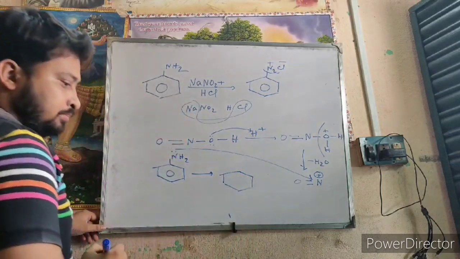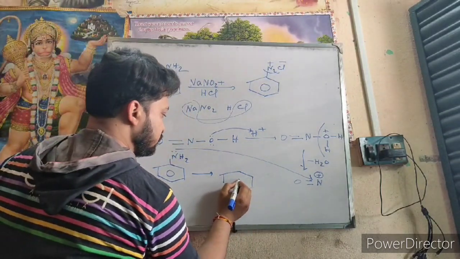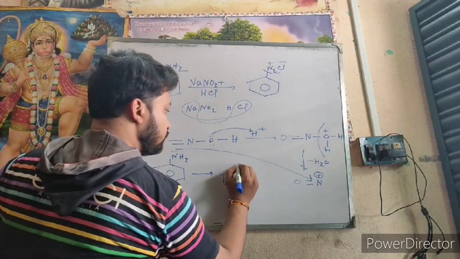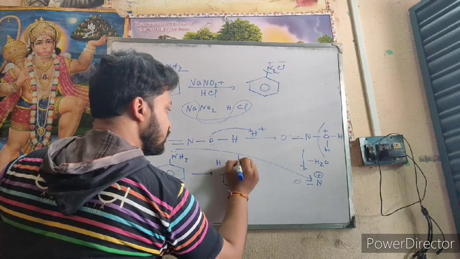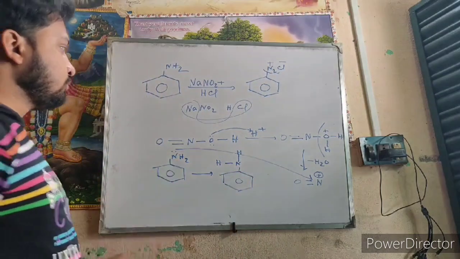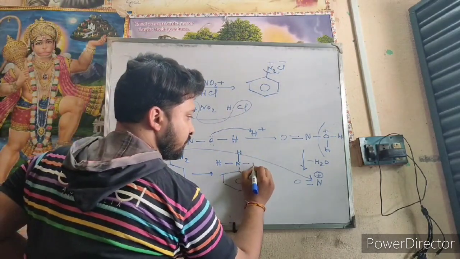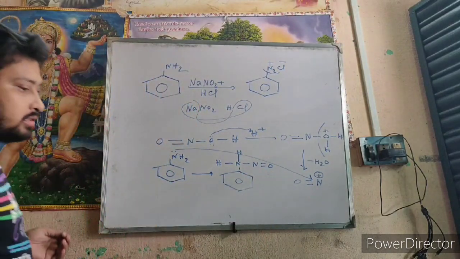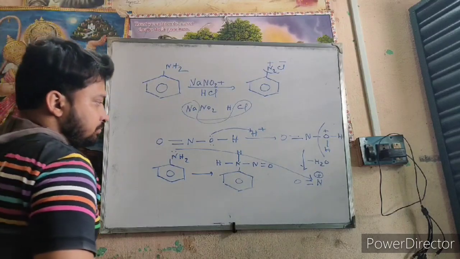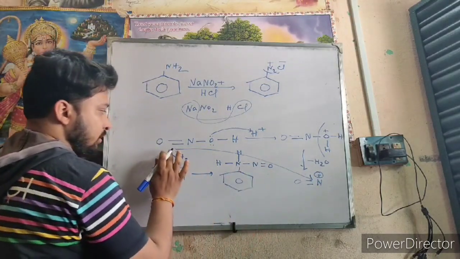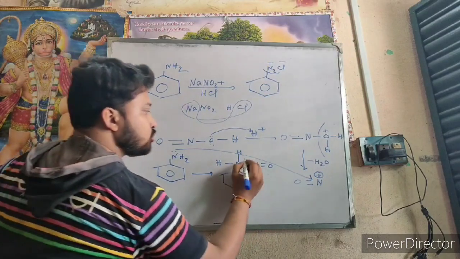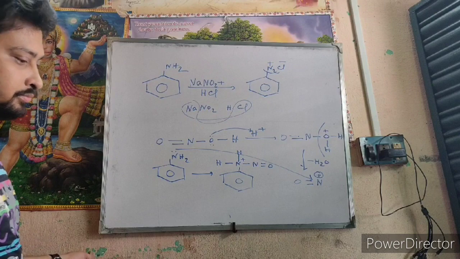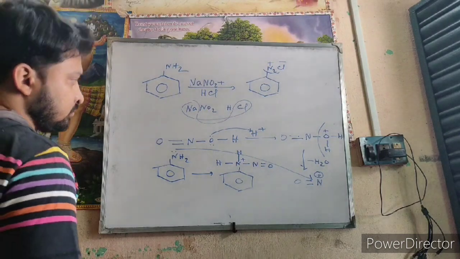So this is aniline, and you get NH2, that is NH and H, and then N double bond O. Nitrogen gives its lone pair, so this nitrogen shows a positive charge. Is it clear?